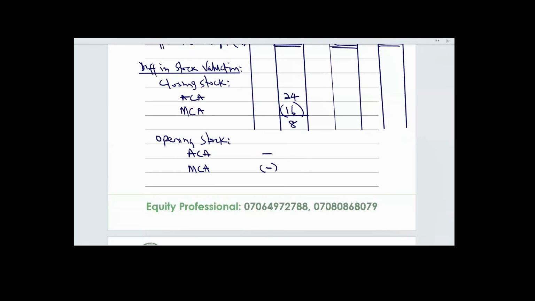Dash minus dash will give you dash. Then 8 minus 0 will give you 8. So in the first period, we have difference in stock. This is B. So difference in stock in the first period is 8,000. Let me complete my table.